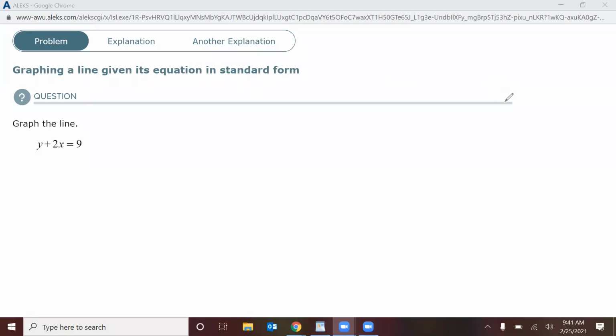Again, we will graph the line, but this time the variable y is not already by itself. So we need to isolate it first. To do that, we will subtract 2x from both sides of the equation and get this. Now, what is the slope?